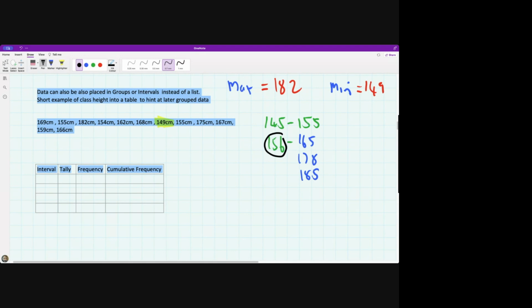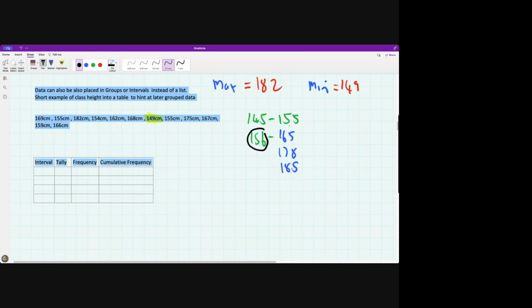I'd love a student to maybe explain why I started doing this as 155 and then I changed it to 156 because I realized something. And maybe someone can help me out. Naledi has smashed it. Naledi has said the last one ended on 155, and so it's already included over here. So sometimes what we do is we actually say where it ends and where it's included. So I don't want to spend too long on this, but I'm going to say, look, this includes 155.